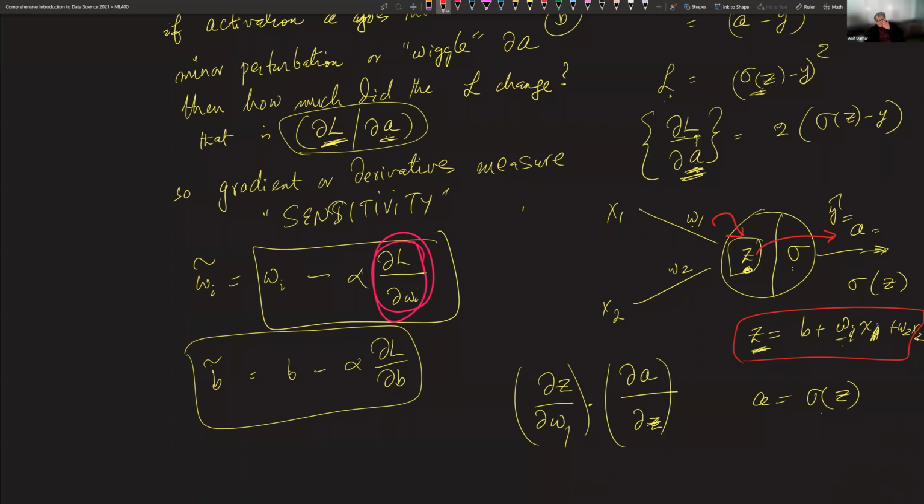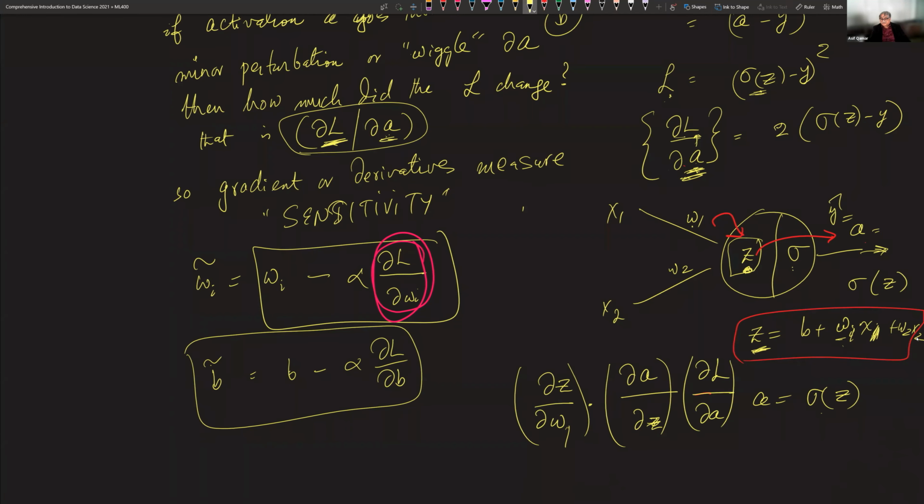So far, so good, guys. And what does a change of A affect? Well, A is the output. If you change this, your loss will get affected, isn't it? Your net loss will get affected. So you can say change in A causes a change of the loss function itself.